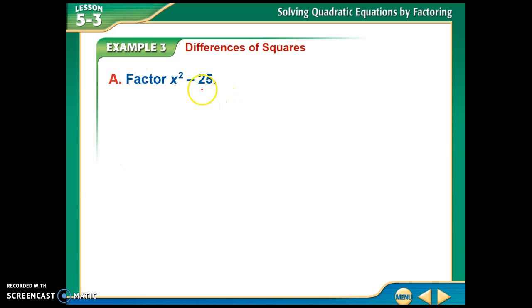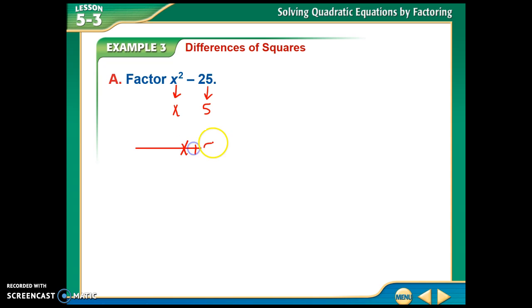So I've got difference is subtraction. X squared is a perfect square, and 25 is a perfect square, so I can do difference of squares. The square root of x squared is x. The square root of 25 is 5. And now we just have a pattern. You take your first term plus the second, and your first term minus the second every single time.